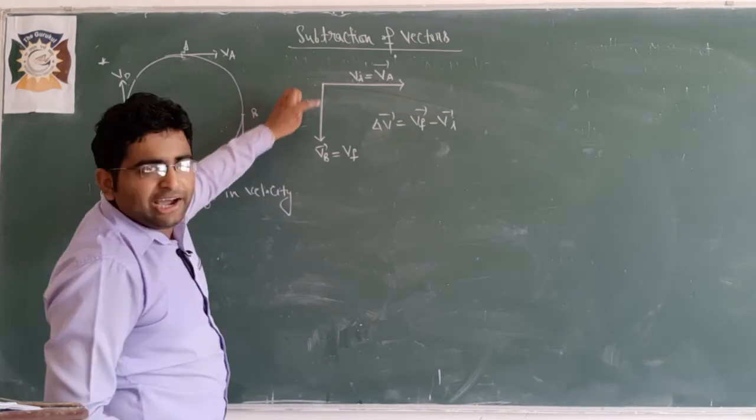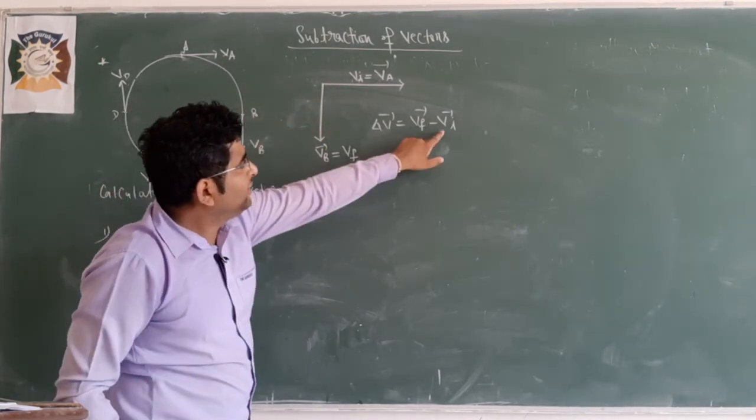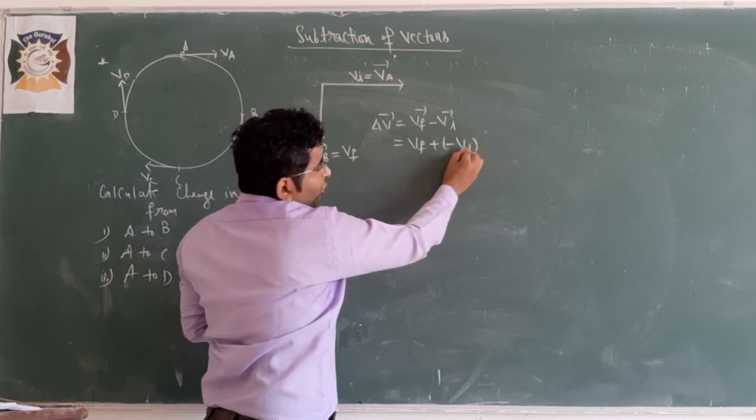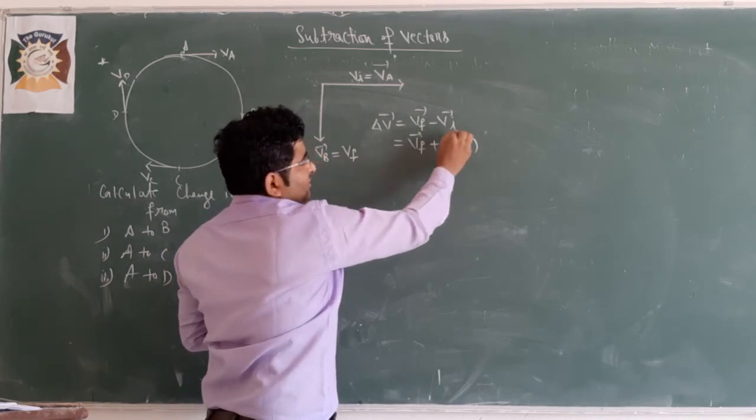So beta, to Vf I have to add the negative of the initial vector in the final vector. Clear?